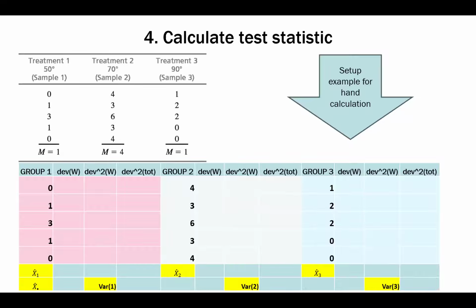The names for some of the essential terms I've got in yellow, and I've colored slightly differently all the data for the different groups. I've left columns to do the hand calculations in, and I've labeled things. These are things that I feel are necessary: an adequate number of columns, though I could have put in at least one more column for each group, but I didn't for the sake of space, and appropriate labeling.